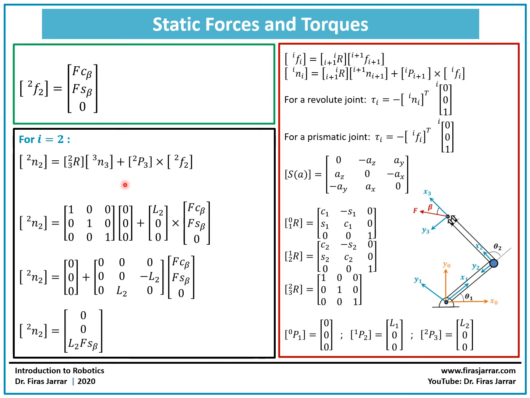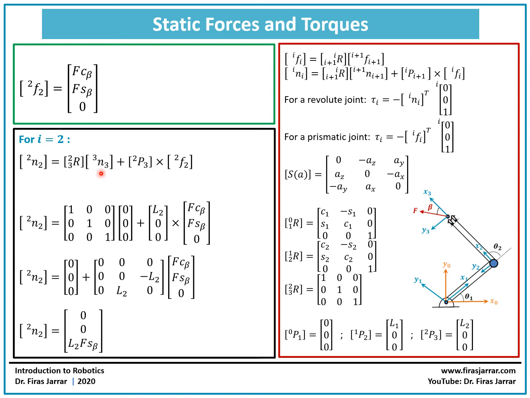Now what about the moment? I have to find the moment acting here at joint 2. I need to substitute i = 2 into this formula, where I'll have N2 = R 3 to 2 N3 plus P 3 to 2 cross F2. So we already have F2 from the previous slide. The position of 3 to 2 we have here. It's really a translation in the x direction by an amount of L2, which is why it's L2, 0, 0.